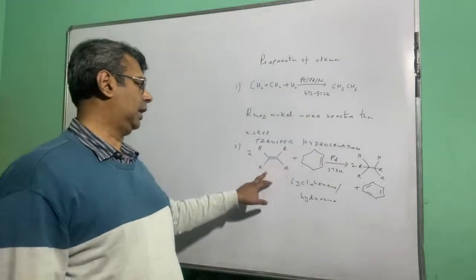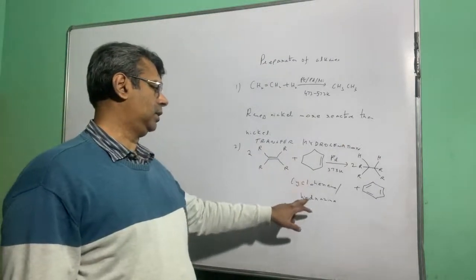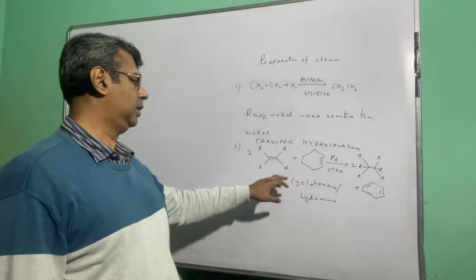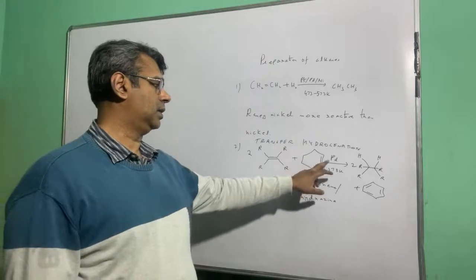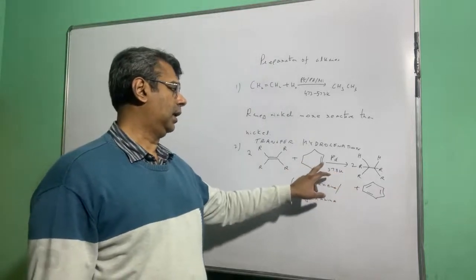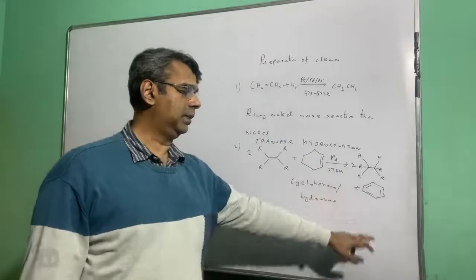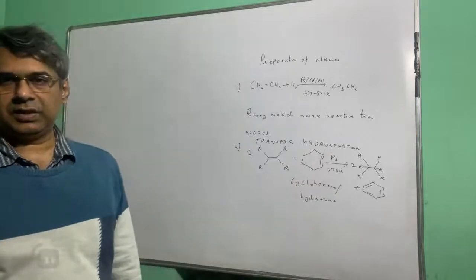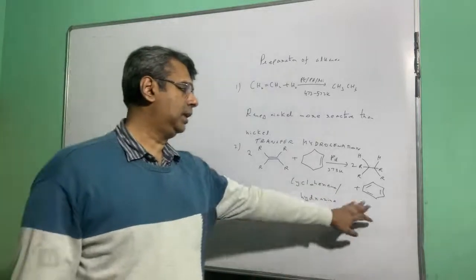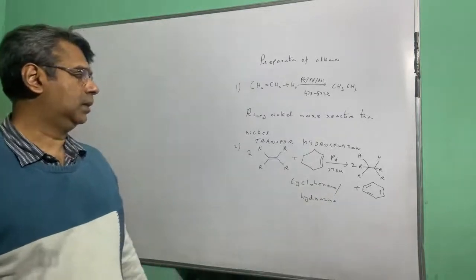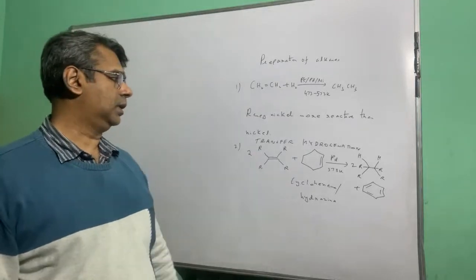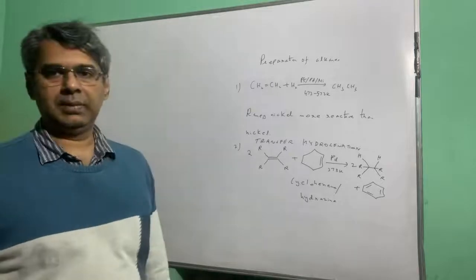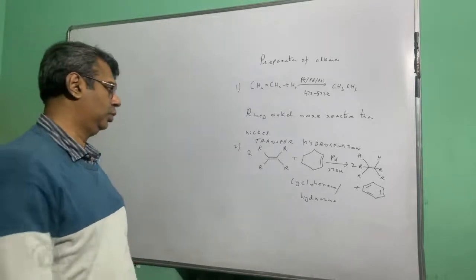After the reaction, the alkene receives hydrogen from this compound. As a result, it will become alkane, and in turn this one will become aromatic, and aromatic is stable. So the stability of the aromatic is the driving force for this reaction. So transfer hydrogenation is method number 2 of alkane preparation.